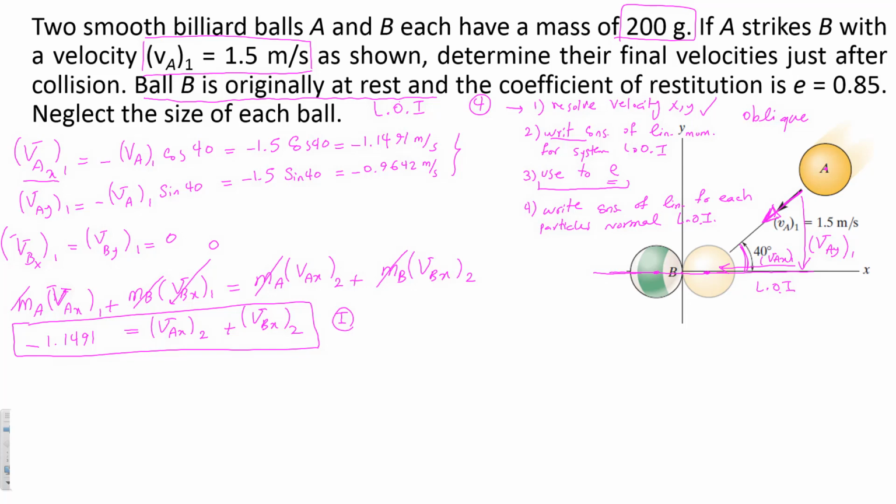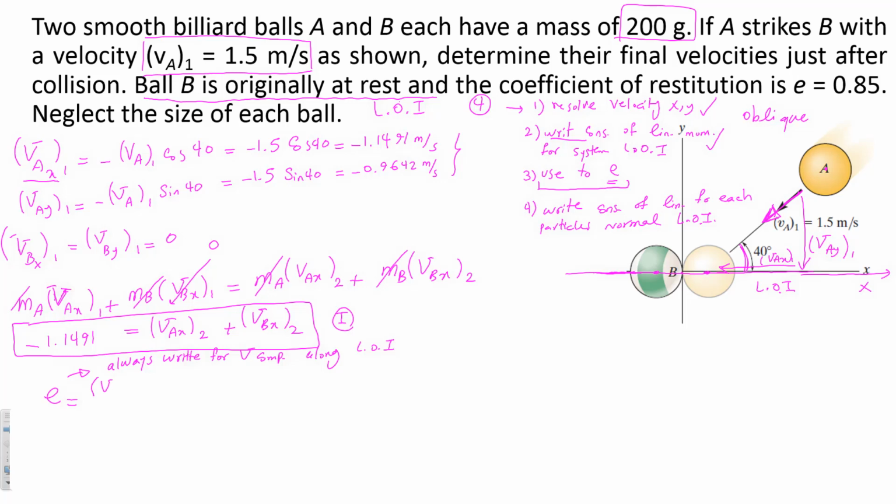That was step 2, which we already did. Another step is to use the coefficient of restitution. The coefficient of restitution is always written for velocity components along the line of impact. The line of impact here is the x direction, so please remember that there is no y component of velocity in this equation.